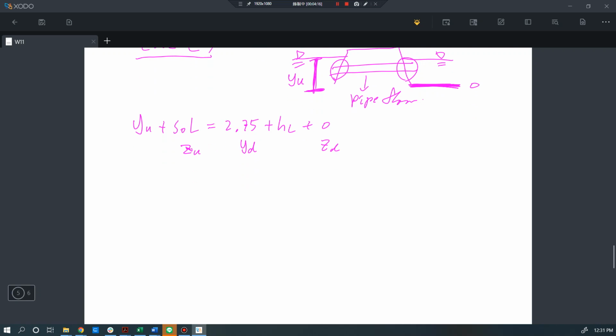We know YU is the variable that we are trying to solve.